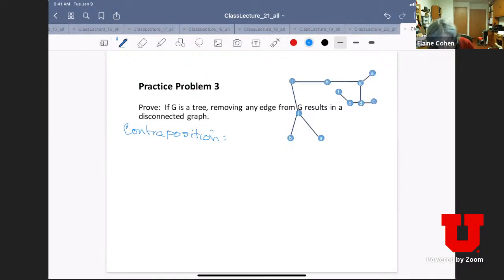Okay. If G is a tree, then removing any edge. This is the statement. So what do we have?